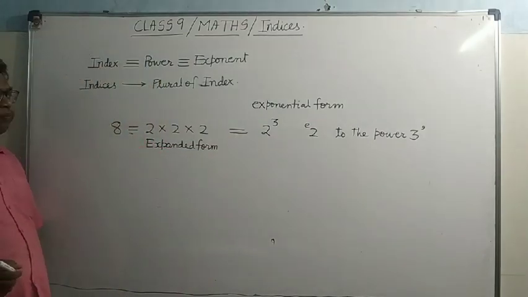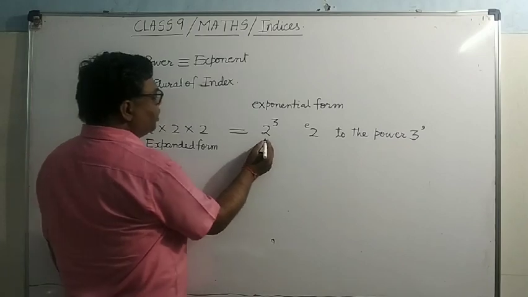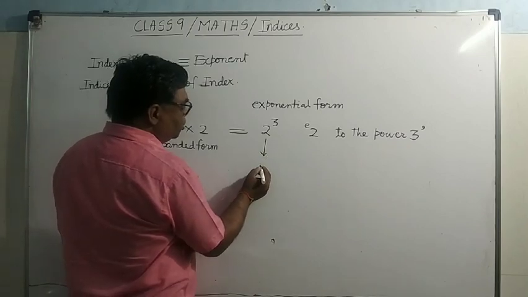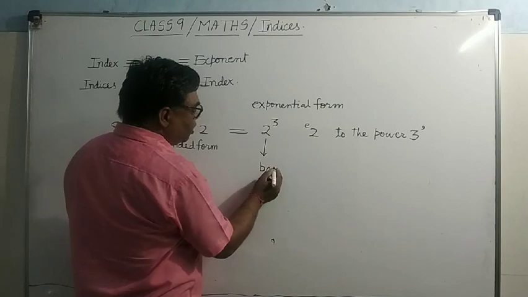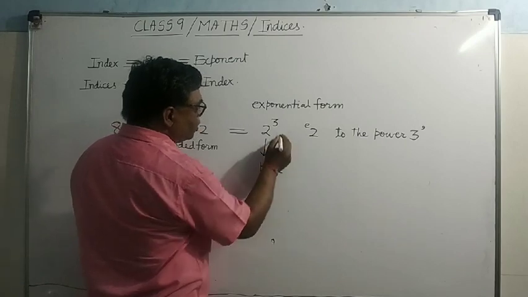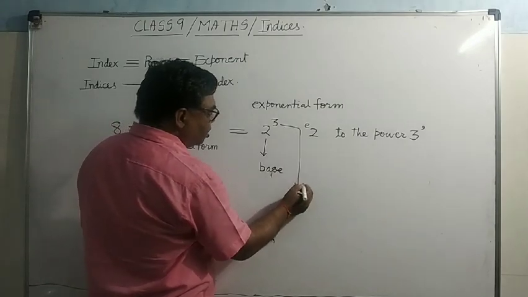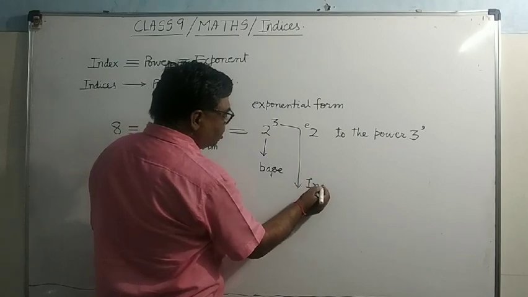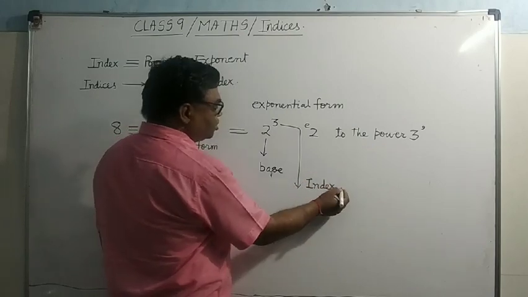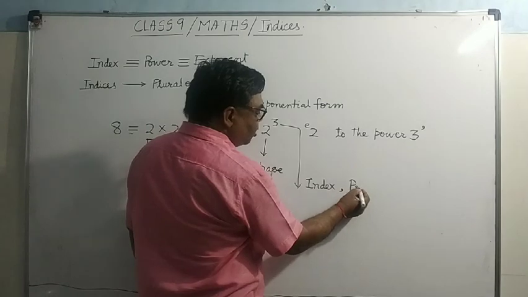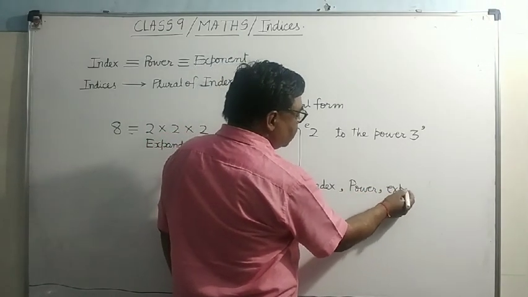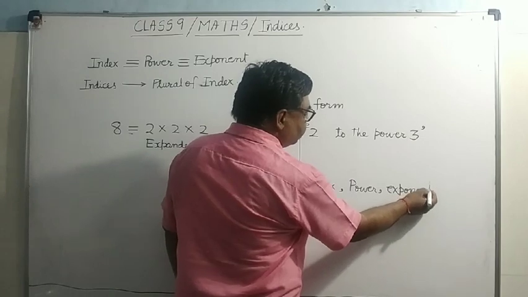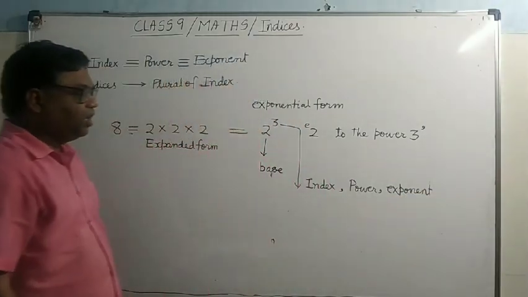Here 2 is base. And what is 3? 3 is exponent. 3 is index. 3 is power. 3 is exponent. It's clear. All the three terms signify the same thing.